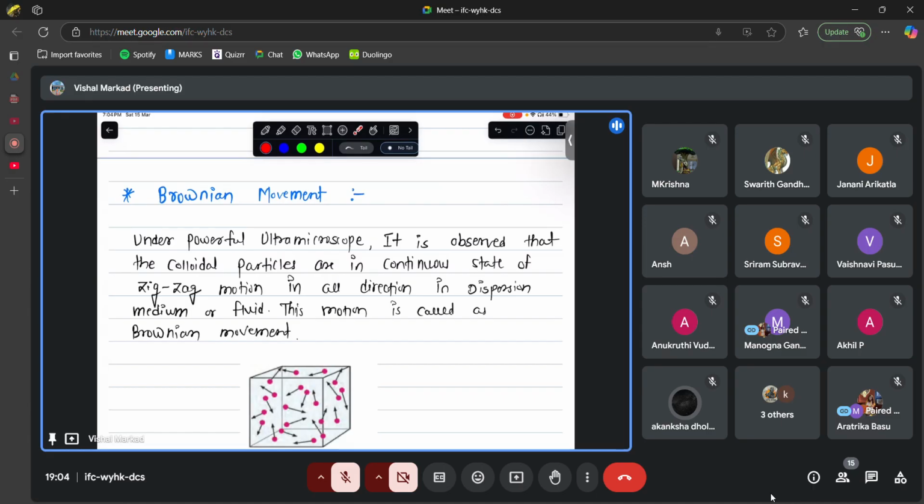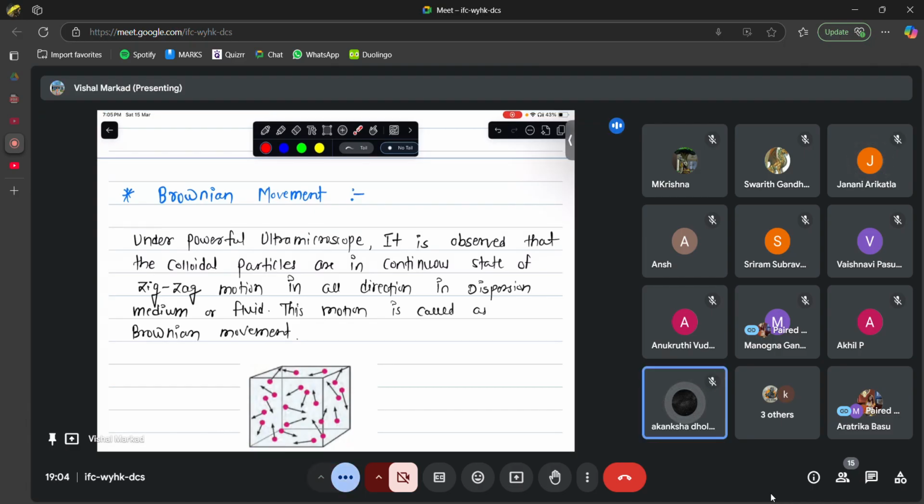What is the Brownian movement? Continuous zigzag movement of disperse phase particles in the dispersion medium is called Brownian movement. Just the definition you have. Clear?